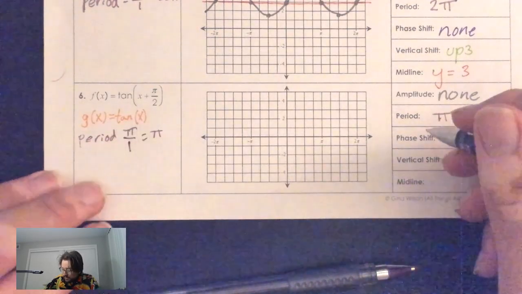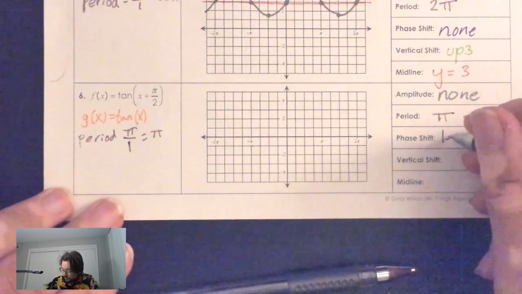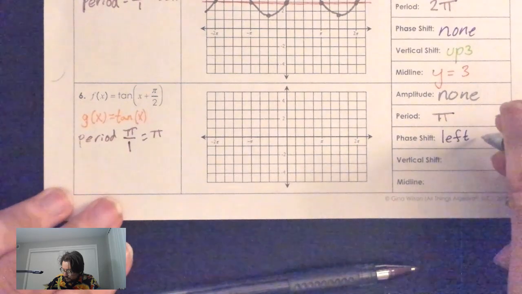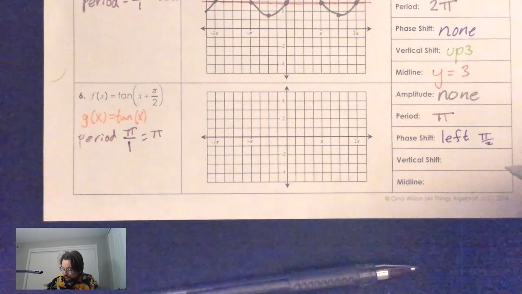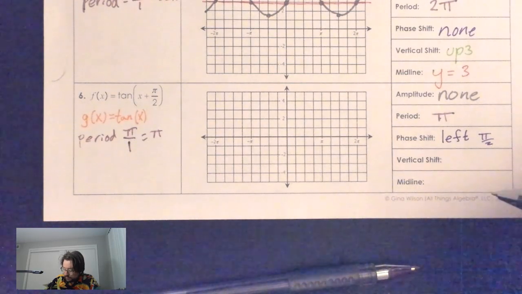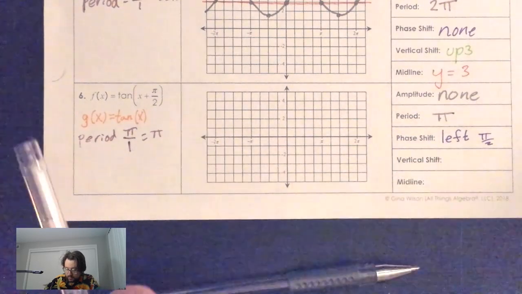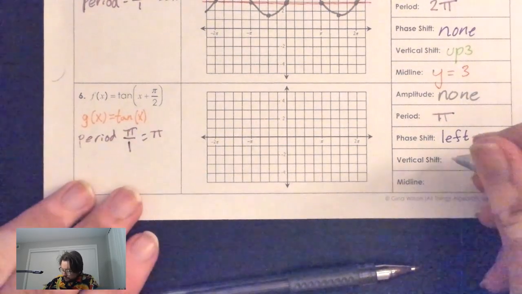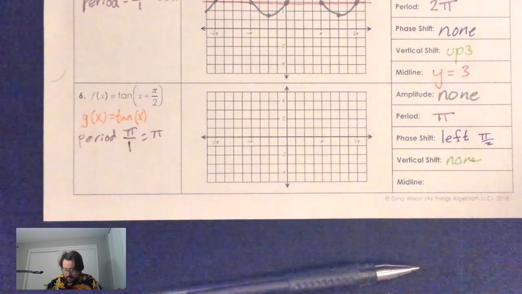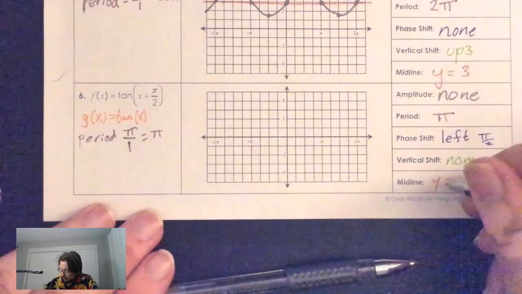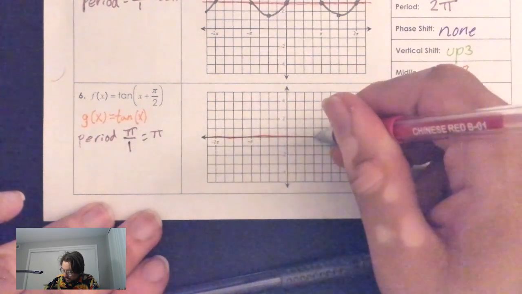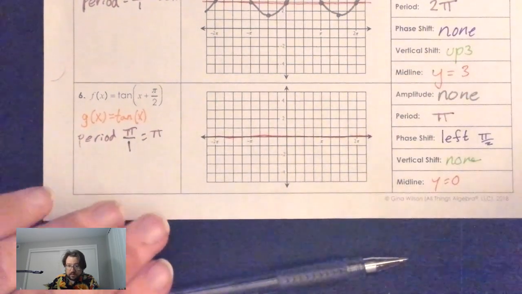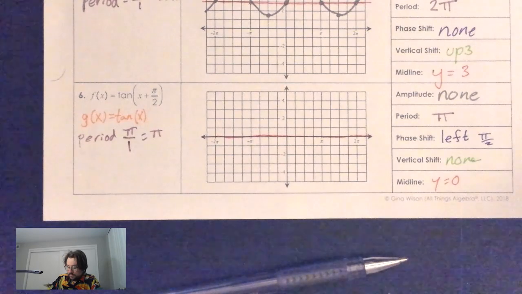It's moved to the left by pi over 2. Its vertical shift is, there is none. And so that means the midline is at y equals 0. I can still draw that midline, but it's on the x-axis. So there's not much different about that.